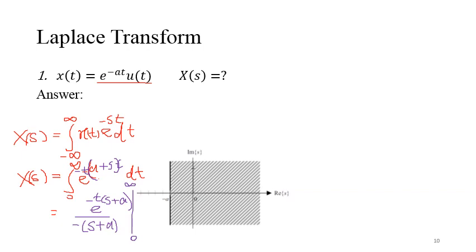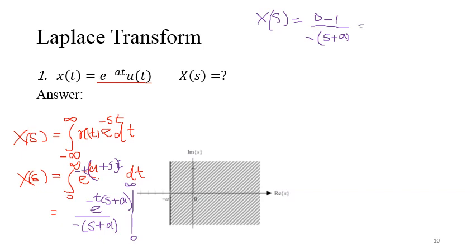So if I put them, let me write here, so that means x of s equals to, putting infinity here will result into minus infinity, and e power minus infinity is 0, so we have 0 minus 1, because e power 0 will be 1, and this is a, and this is s plus a.